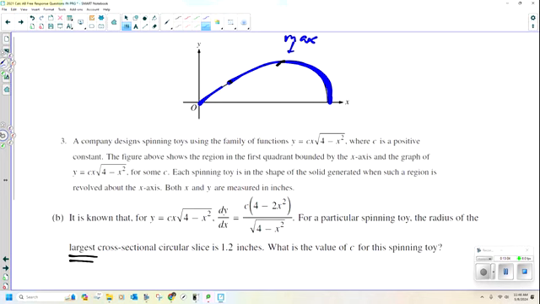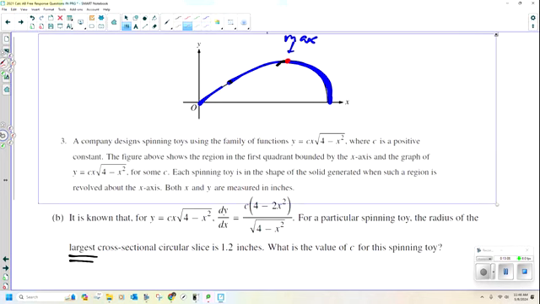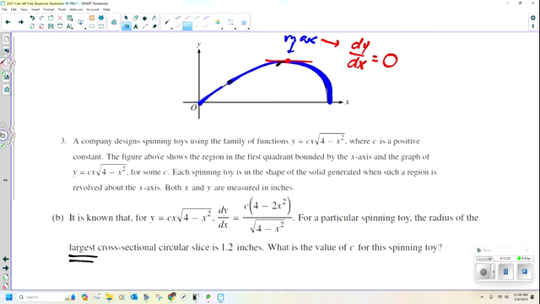So at this point, what do we know about mins and maxes? The derivative is 0. It can only happen where we have a critical point. My max happens where my derivative is equal to 0 or undefined, but we have no corners or cusps here. So it's where my derivative is equal to 0.